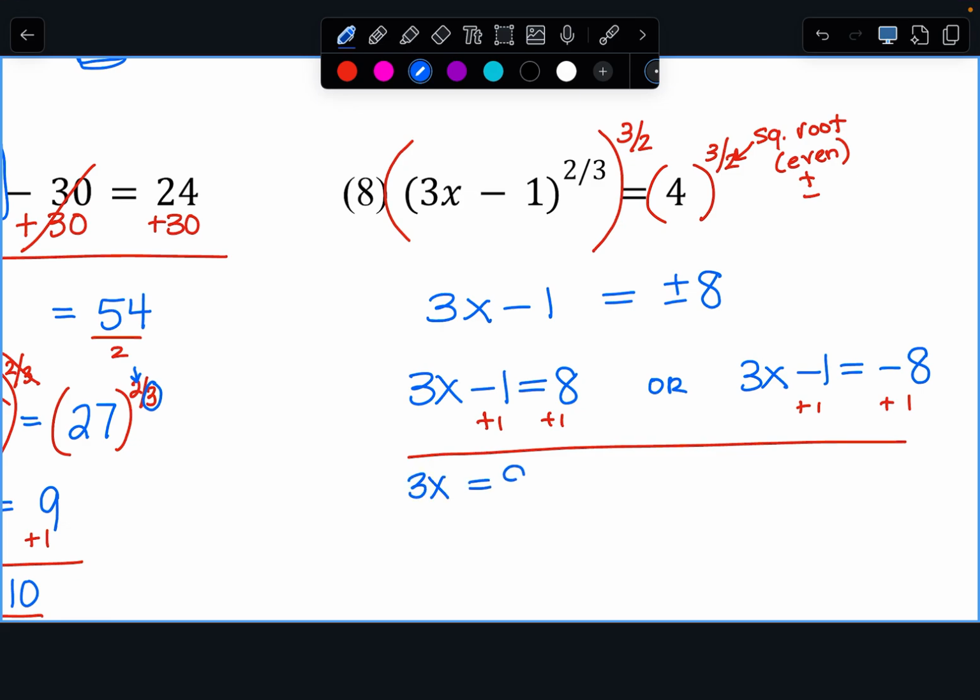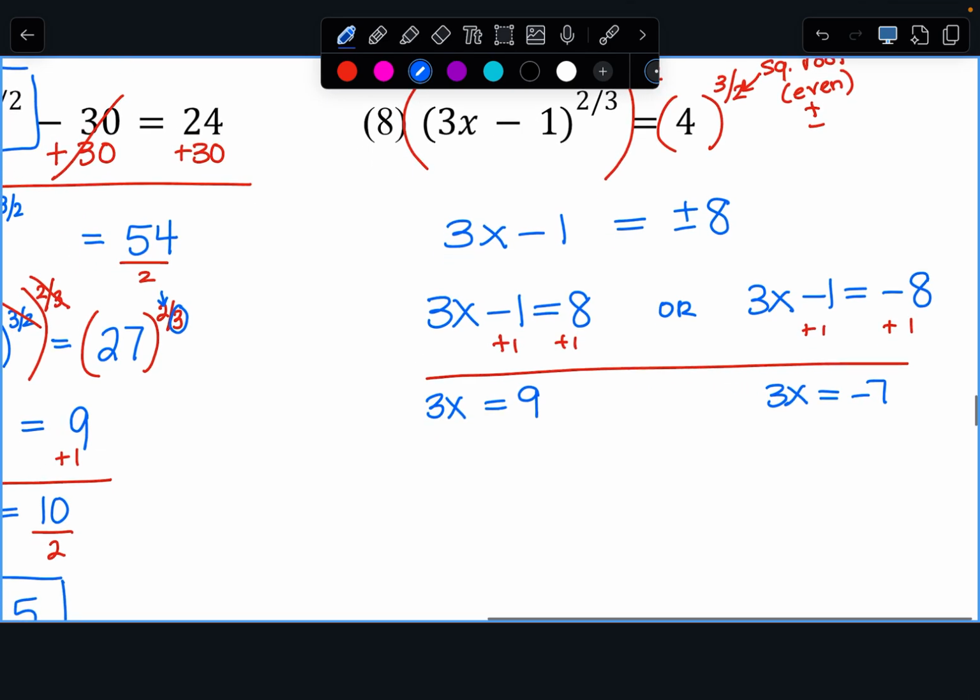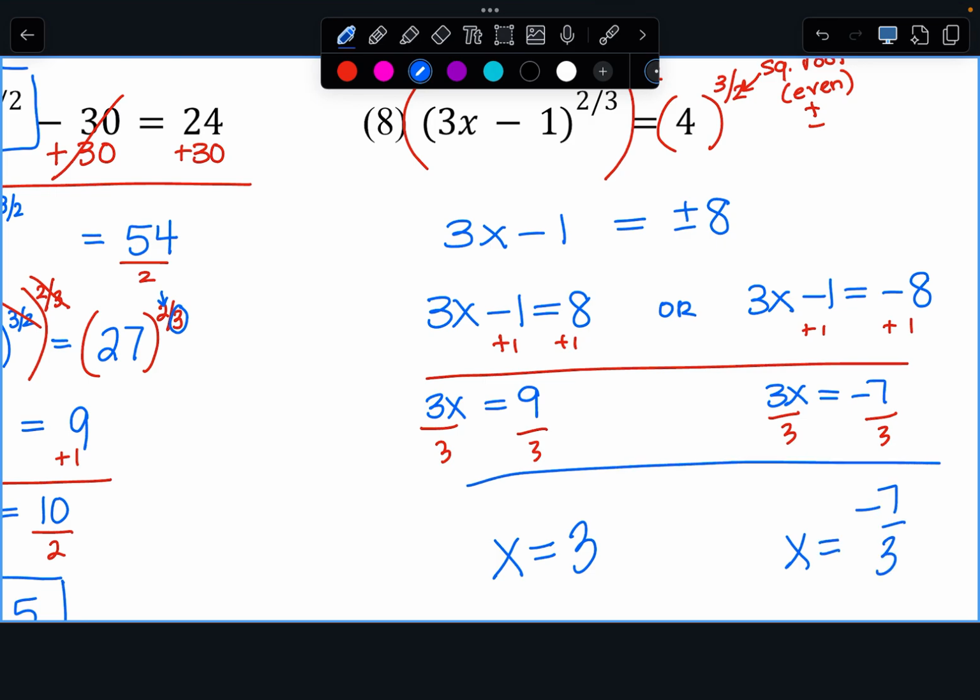So 3x equals 9, or 3x equals negative 7. X equals 3. x equals negative 7/3.